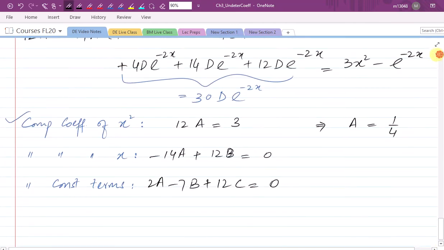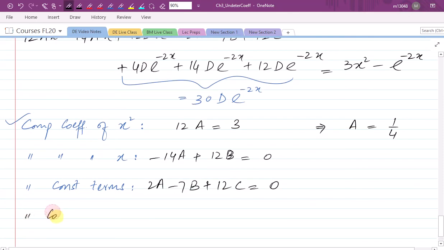And then we compare coefficients of e power minus 2x. On the left hand side, these three terms are the coefficients of e power minus 2x. All three are plus, so they make 30d on the left hand side, and on the right hand side it is only minus 1.